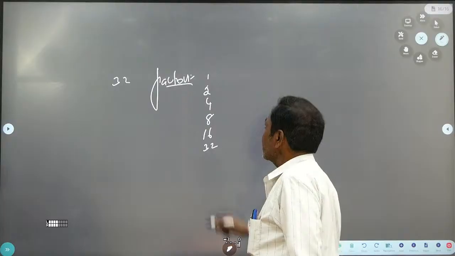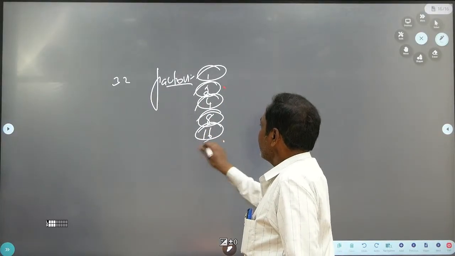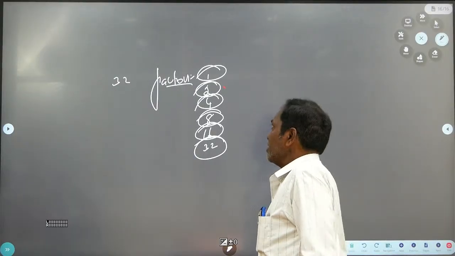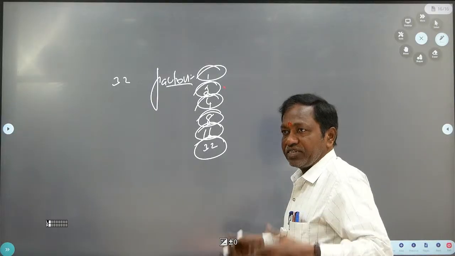How many factors are there? 1, 2, 3, 4, 5, 6 factors. But if the number goes up, we will find a maximum number of factors.